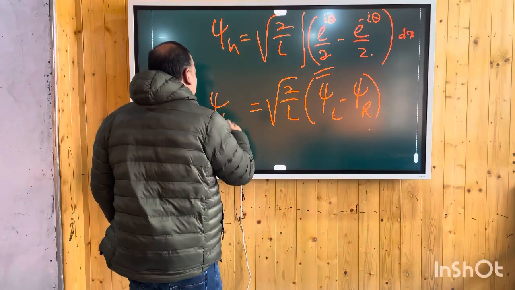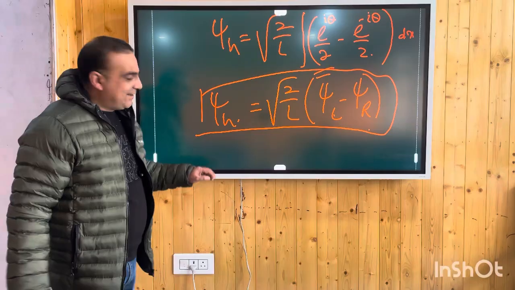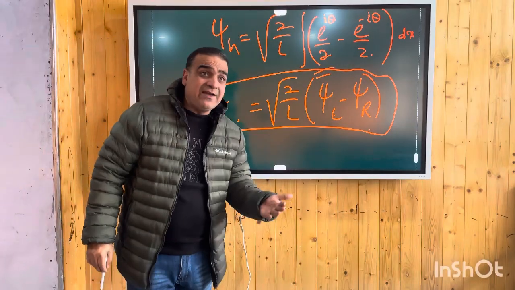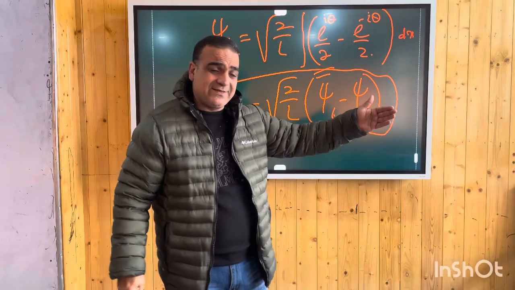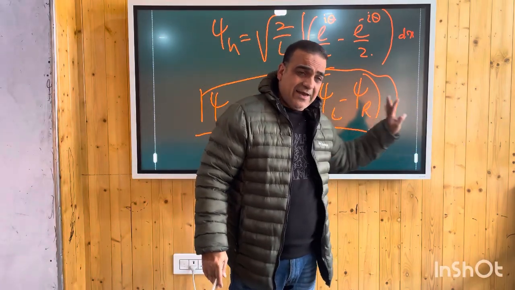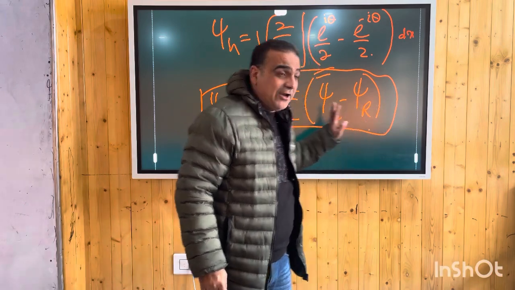So what is psi n? Psi n will finally give you the probability density. All you have to do is multiply this psi n with its complex conjugate. And here we have a real solution, so there's no involvement of iota.